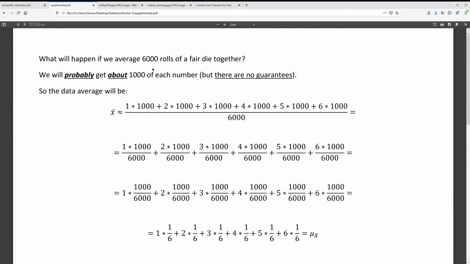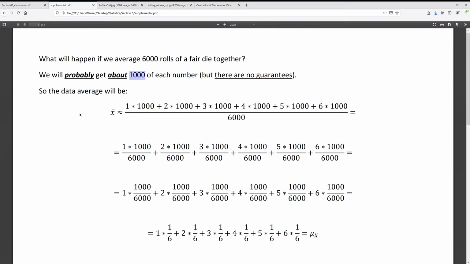Probably about. Very important. So there are no guarantees. It probably will not be exact. It probably, let's stick with the 6,000, will not be 1,000 of each. It might be 993 1s and 1,011 2s, and we won't talk about what's probably and what's about. We'll talk about that in section 9.